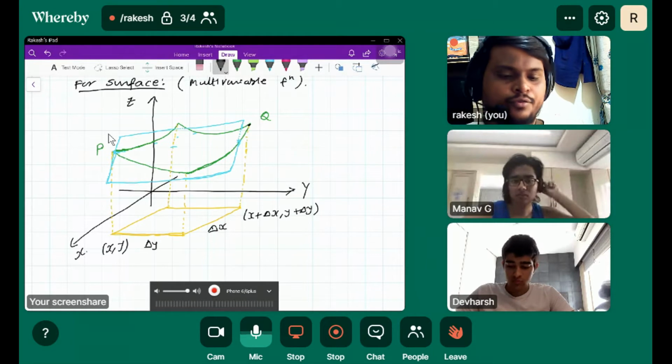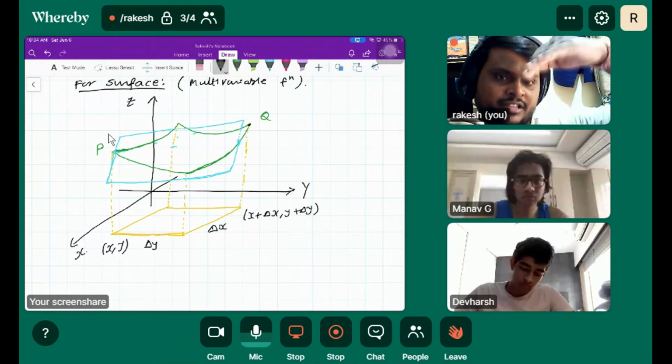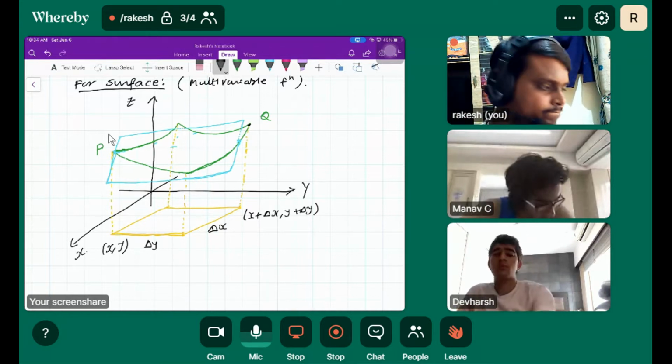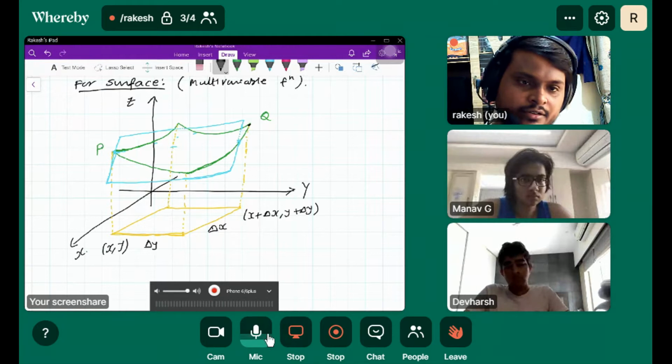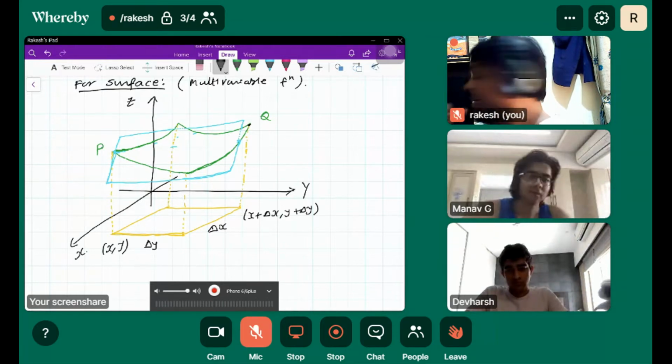So we have to approach Q from P, right? So there would be some height. Are you getting that? Just a second. Yeah, that way, right?